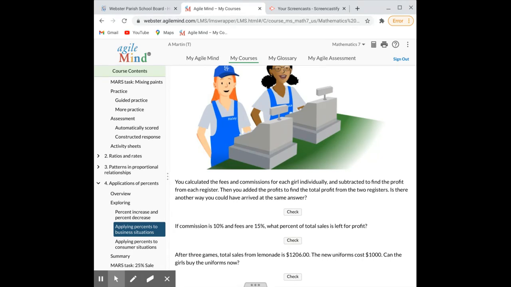What percentage? 25. Okay. So if we wanted to just find the profit automatically, what percentage represents the profit? 75. Yes, 75%. So couldn't we just find 75% of whatever the total was and we would know their profit automatically? Yes. Wouldn't that be quicker than doing it the other way? Yes, sir.